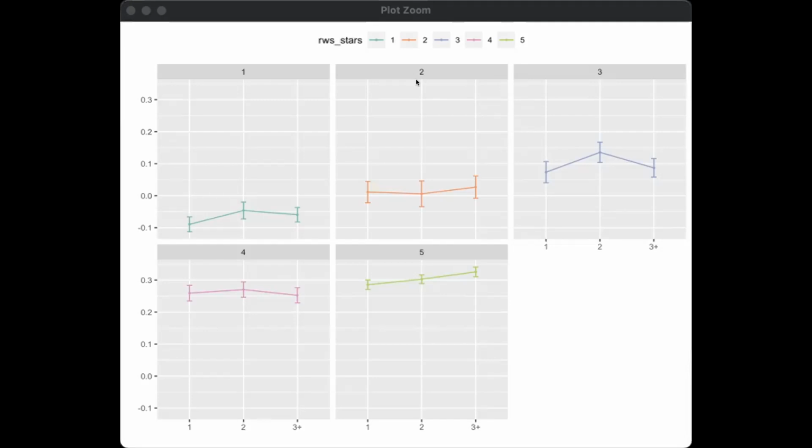My intention is that I want you to run the code by yourself and maybe change some variables. For example, here I break down by price level and the review stars.